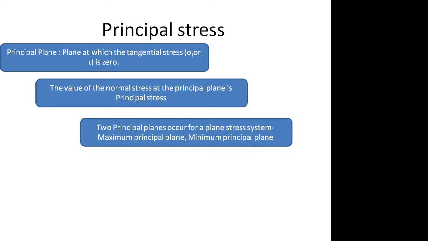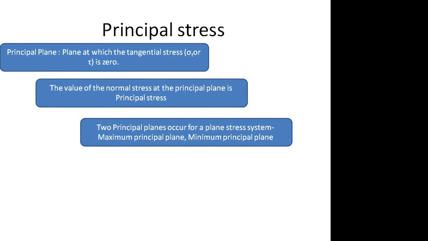So we will have two planes, and in these two planes the shear stress will be 0. So we can say we have two principal planes. On one principal plane the stress will be very high, that is, sigma n will be very high, and on the other, sigma n is lower.